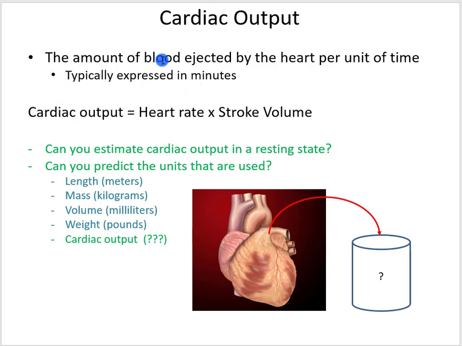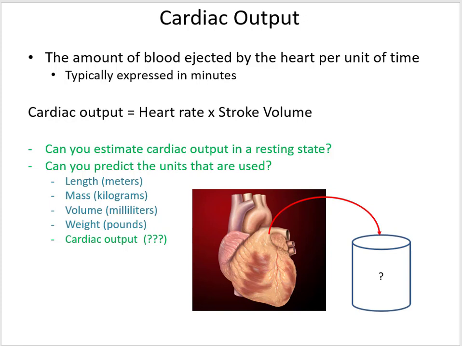So again, the amount of blood ejected by the heart per unit of time. Now, typically that unit is expressed in minutes. If we take another example, how fast does this car go? Traditionally we express the speed of a car in miles per hour. If you wanted to, you could express it in minutes. You could say if it goes 60 miles per hour, then it goes however many miles per minute.